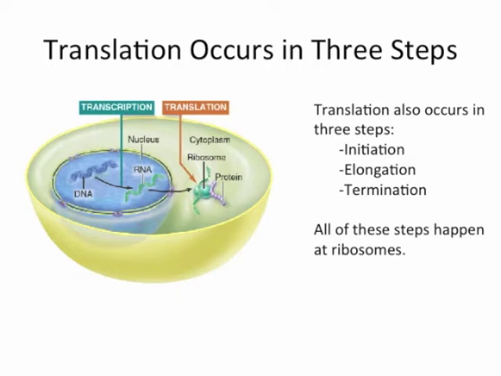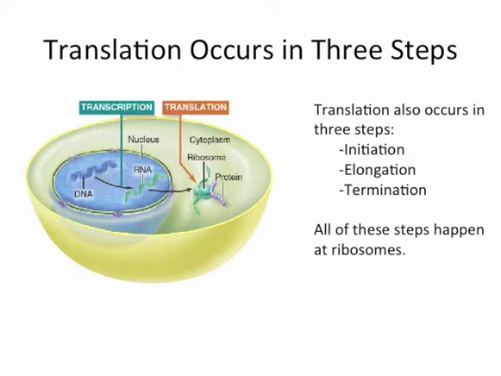Translation, just like transcription, is going to occur in the same 3 steps: initiation, elongation, and termination. But this time we are initiating the production of a protein, we are elongating the protein, and then we are terminating the production of the protein. And all 3 of these steps are going to happen at ribosomes.